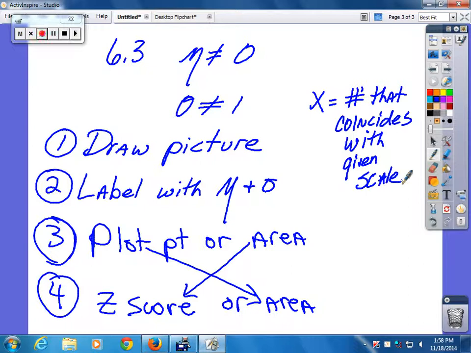If I give you 2.1 versus 110, is that x or a z-score? It's a z-score, because these x numbers are going to be higher than 2.